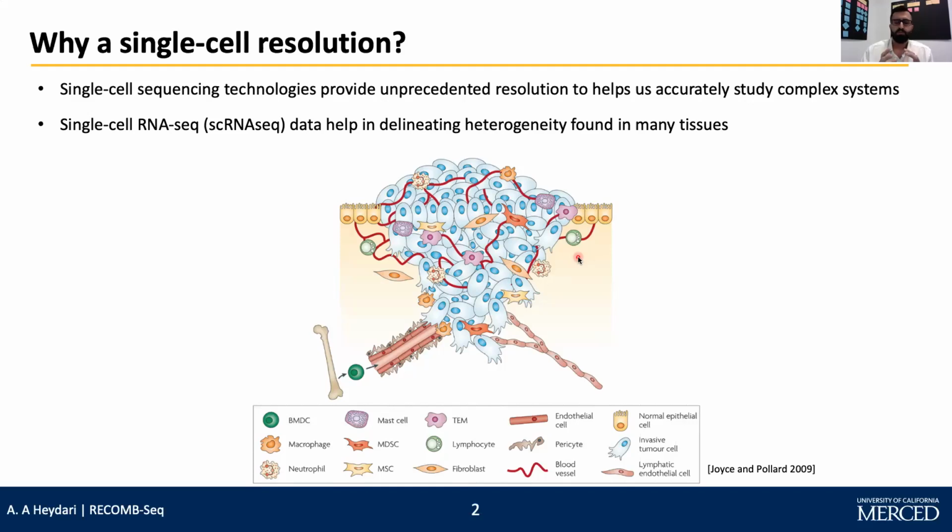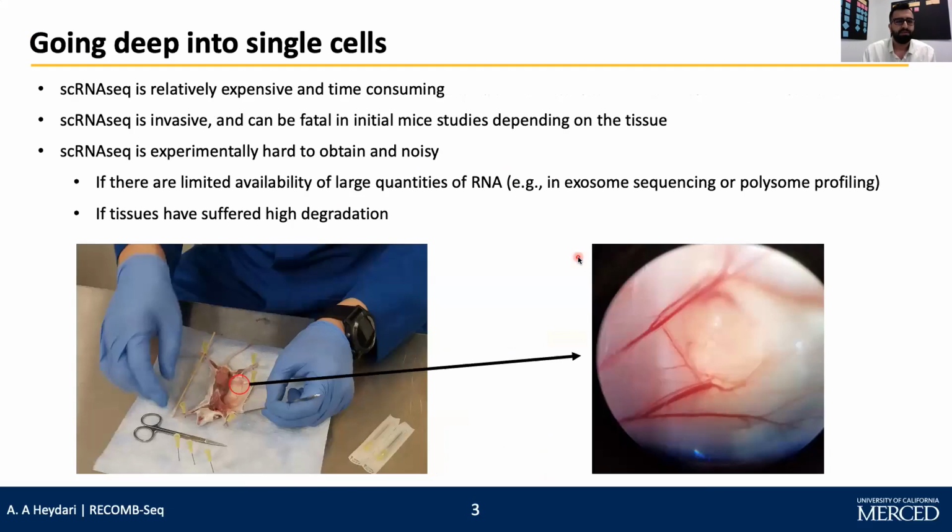But the question is, why do we need to generate synthetic data? And why do we need this option to augment existing data sets? As you all may know, single cell RNA sequencing is really expensive and time consuming. It's also an invasive procedure. A lot of times when we're trying to obtain samples from mice studies or other animals, we have to sacrifice them.